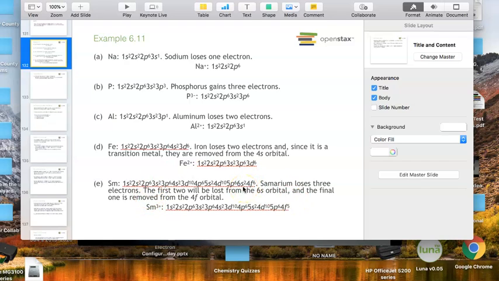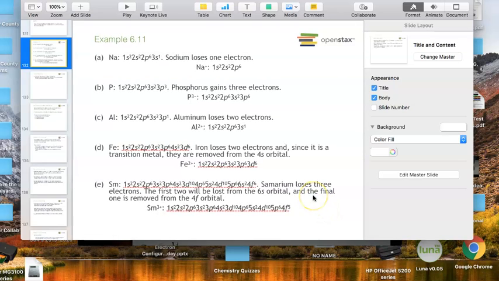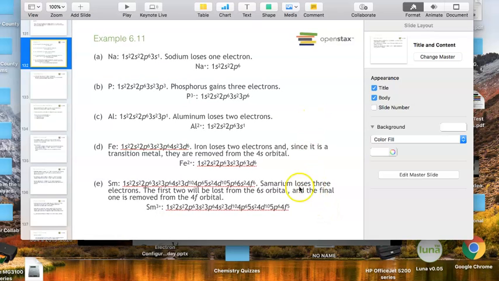We're going to lose 2 out of the S subshell, and then we're going to lose 1 from the F. So we pull electrons out from the subshell with the higher n value, and once that's exhausted, then you have to pull out from an F subshell. For D or F, you're always going to pull out of the S first if you can, and when that's gone, then you have to pull out of an F or a D.